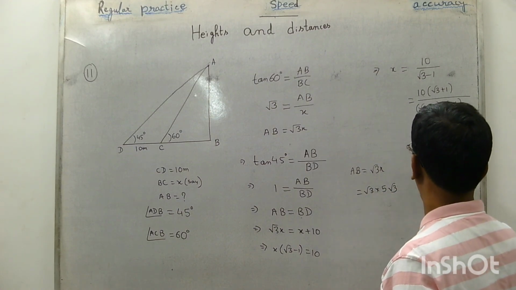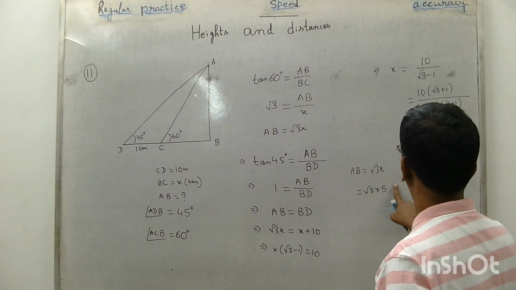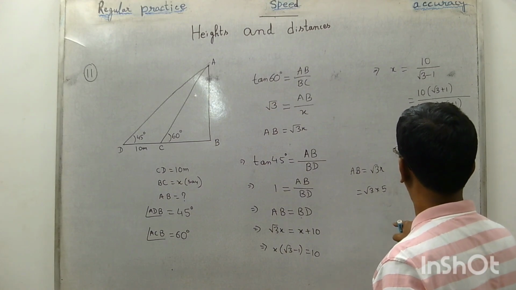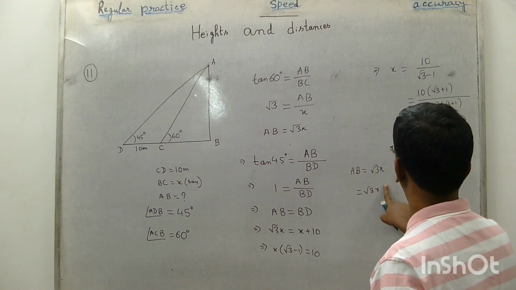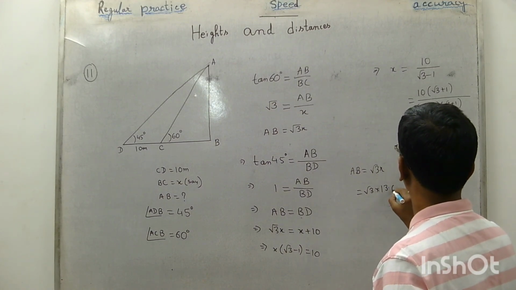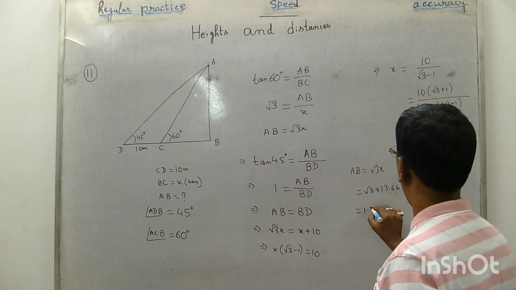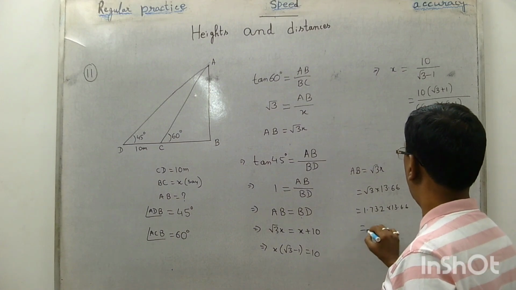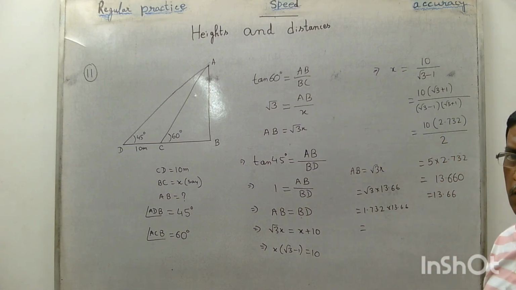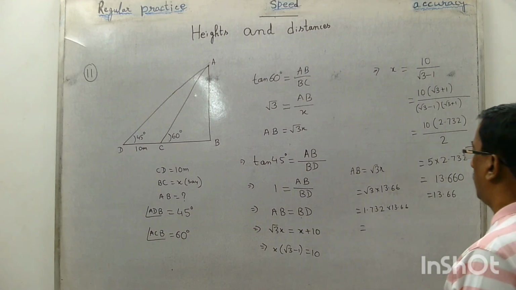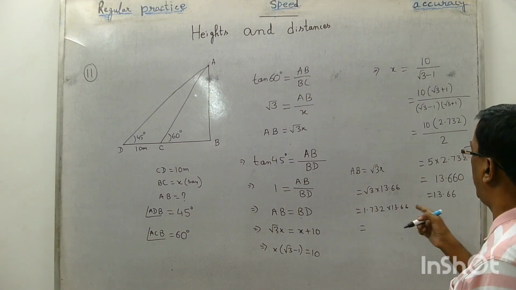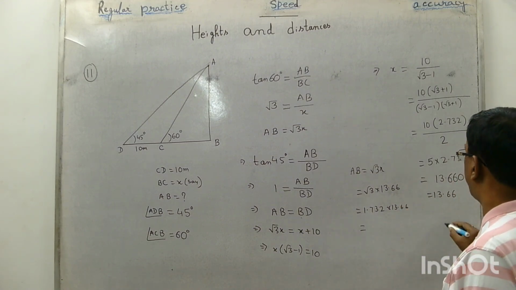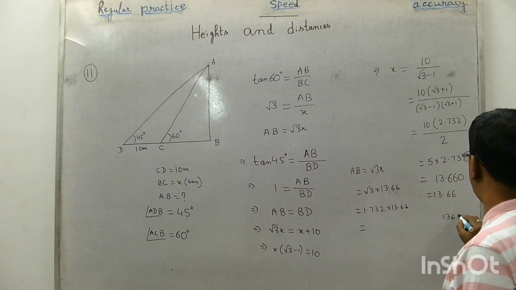Root 3 is 1.732, into 13.66. If we multiply, an approximate value will come, around 25-26. 1366 into 1732.